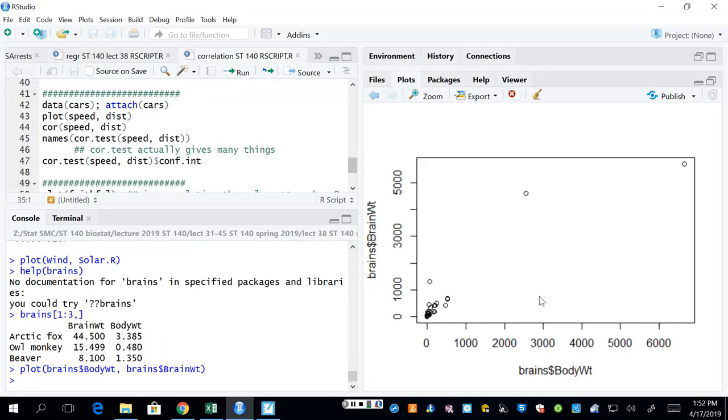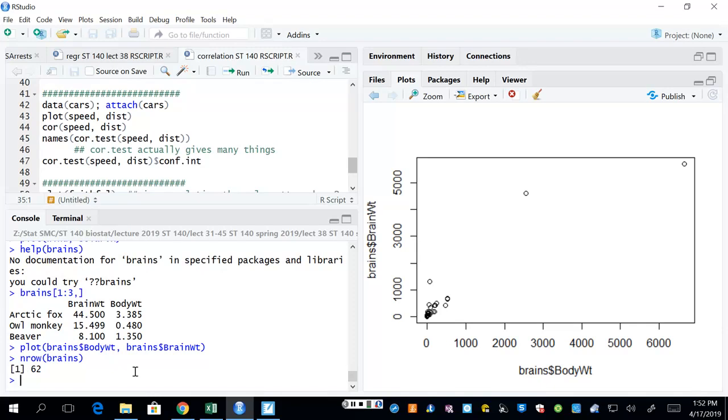This is what the data look like. So what these are is they have a number of species, the number of rows of brains. There's 62 mammals, and they've taken a sample from each one and measured the body weight and measured the brain weight. Why would you do this?